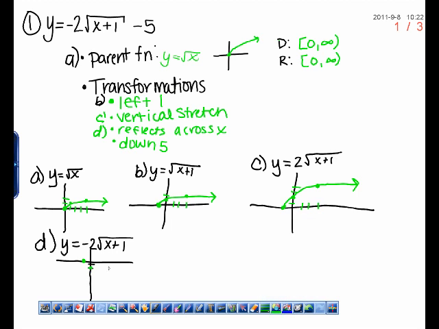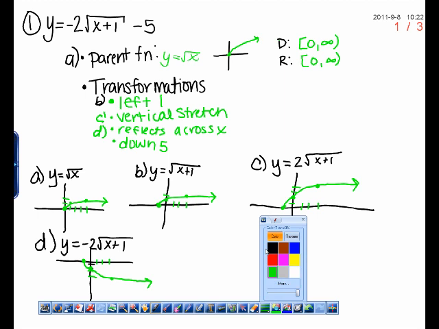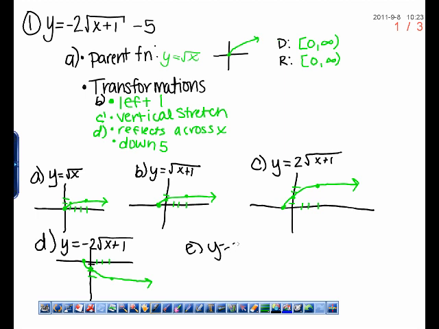How about 3, 4? Okay? And our last step, what are we going to do? Down 5. Okay?